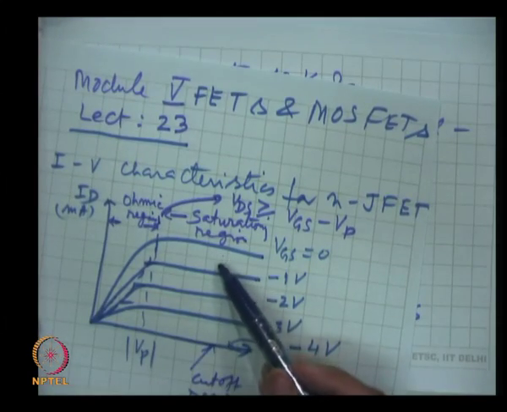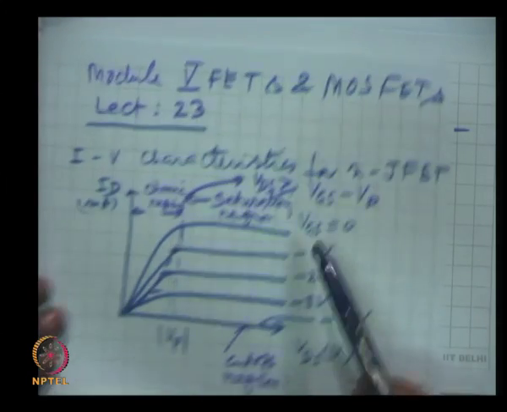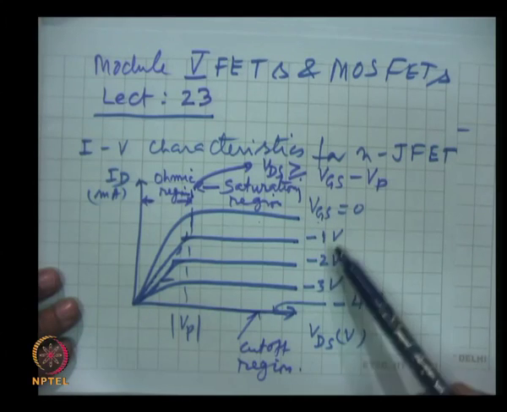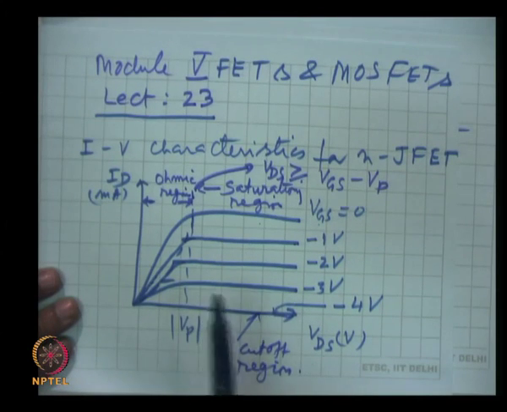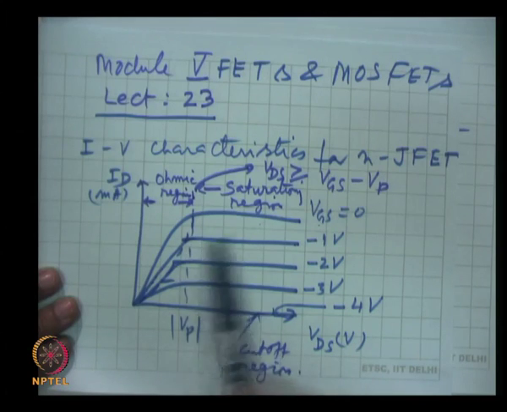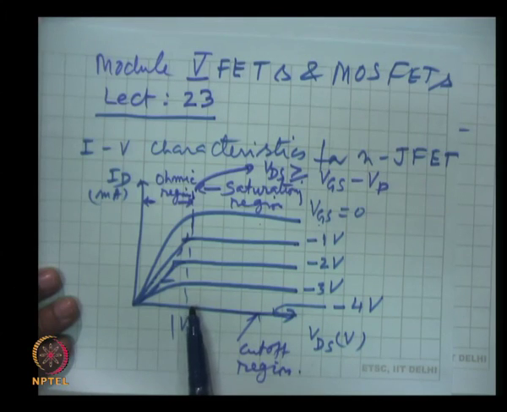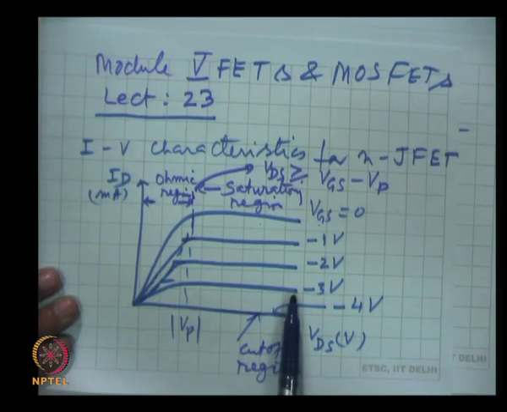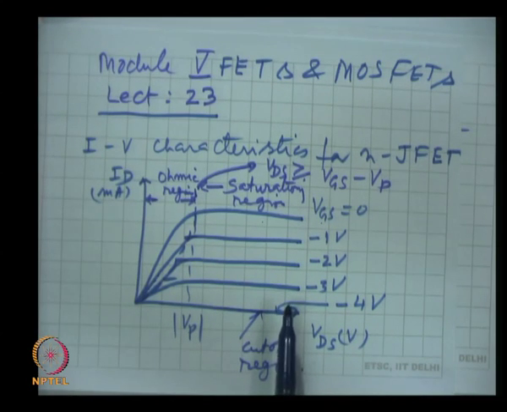Here this current varies as we change the gate source voltage. It is constant with respect to change in VDS. These are almost horizontal lines. The drain current is not changing when we vary VDS in this constant current region, and that is why it is called a constant current region.